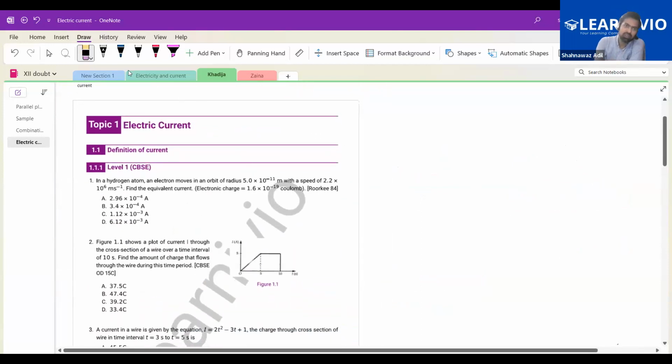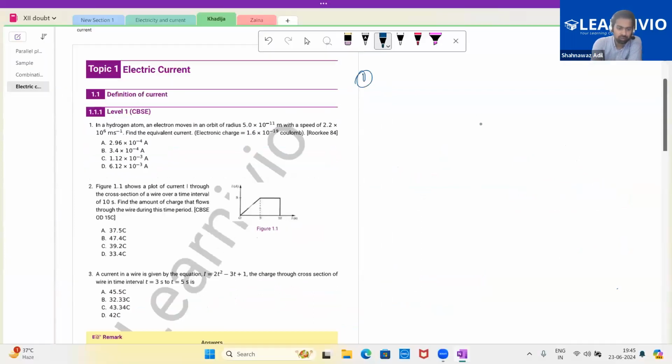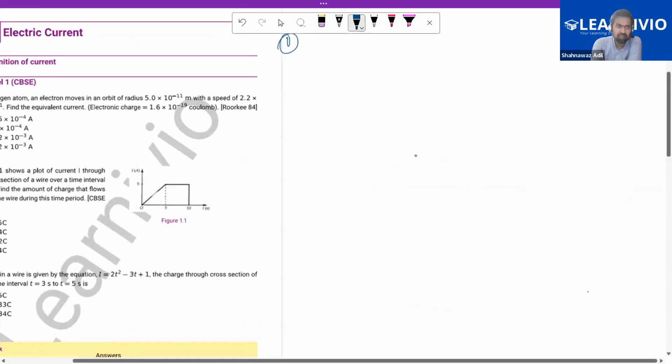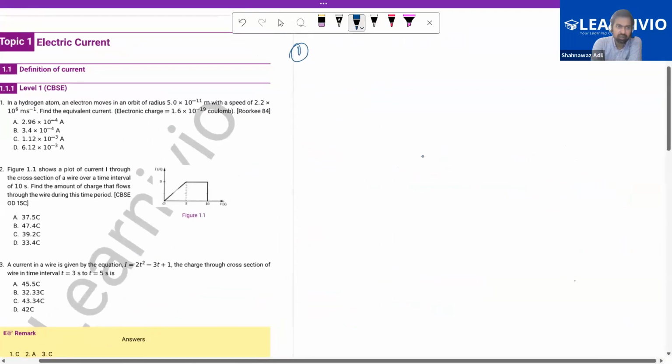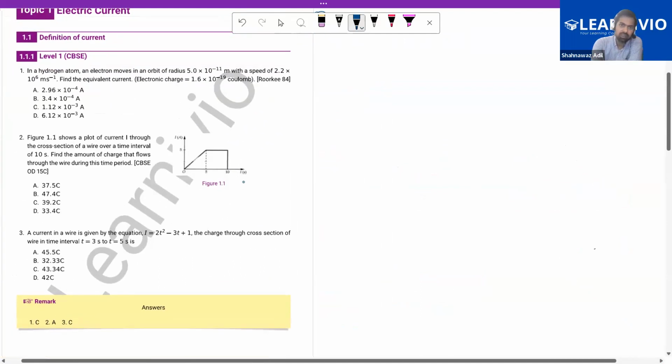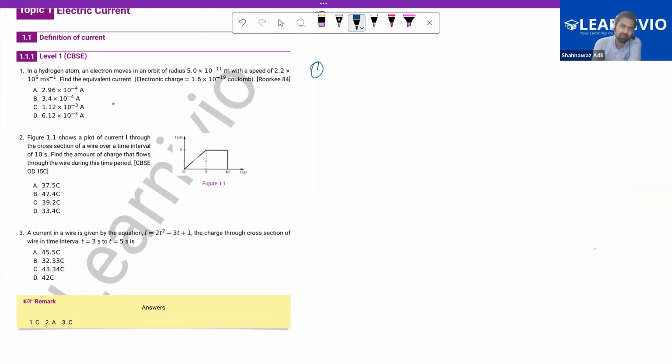Okay, so the first question says that in a hydrogen atom, an electron moves in an orbit of radius 5 into 10 to the power minus 11 meter. The proton is in the nucleus, and this electron is revolving around this circular orbit.